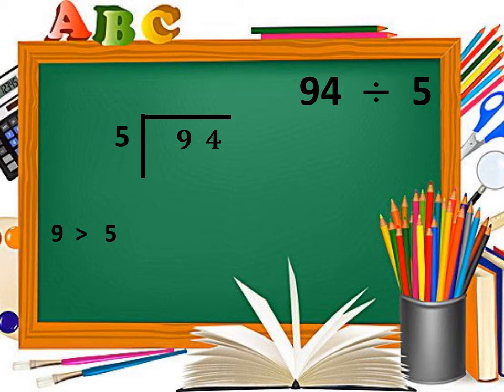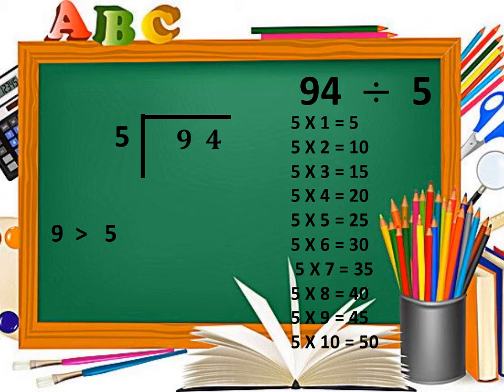Let us see 5 table where we will get the number near to 9 or equal to 9. 5 ones are 5. So 5 is near to 9. Then 1 we can write above the division box and 5 ones are 5 we will write down of 9 and subtract. 9 minus 5 we will get 4.